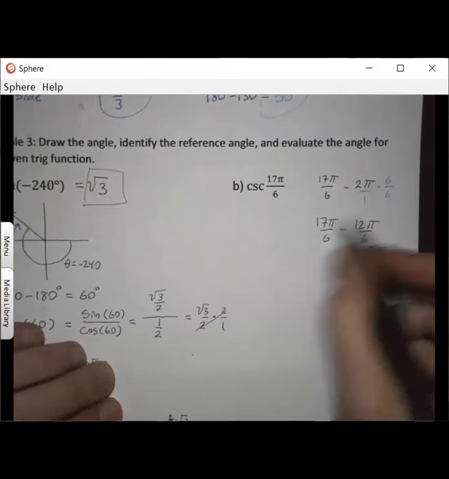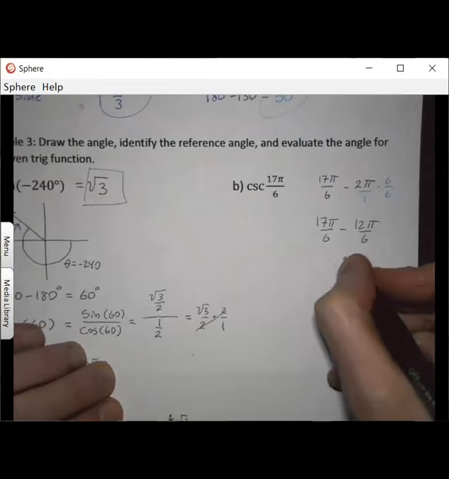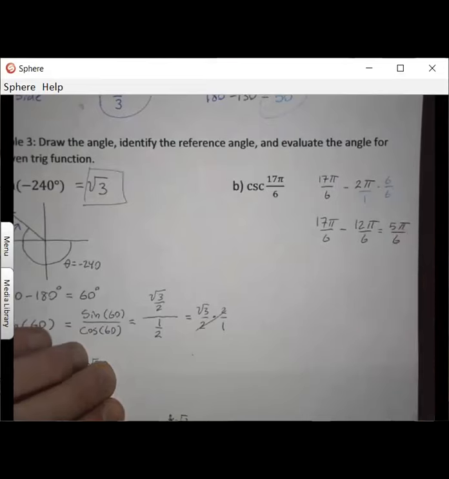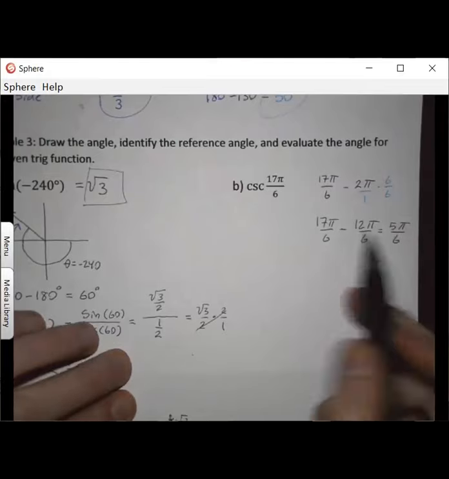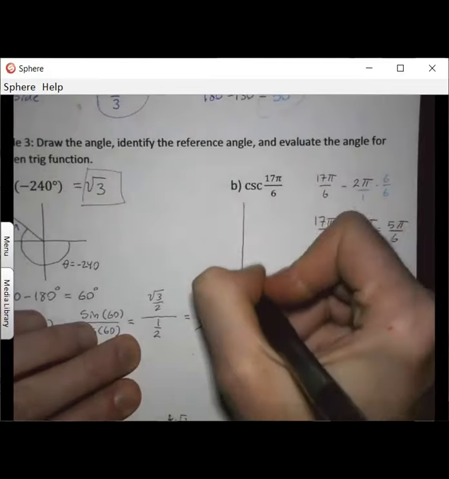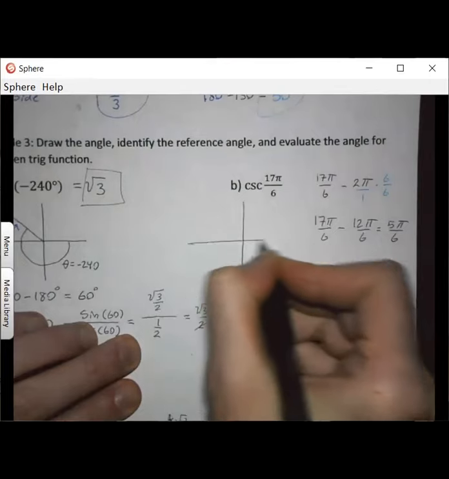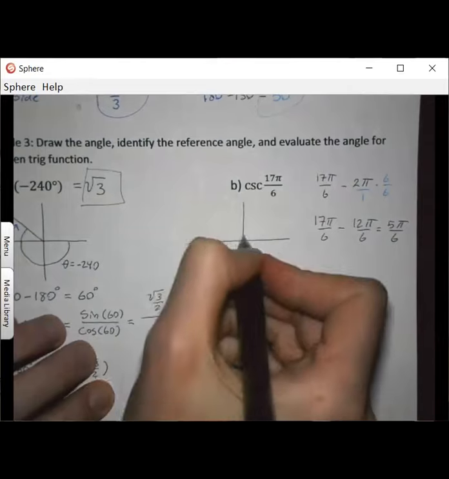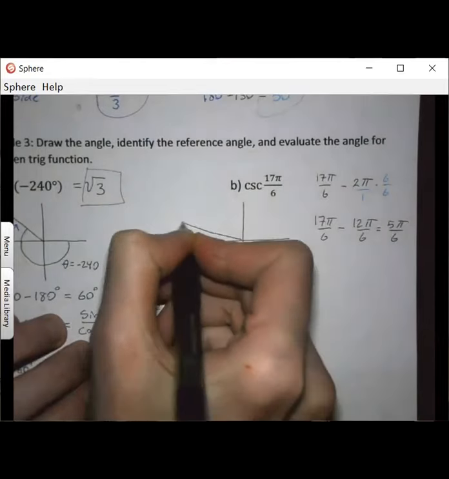That will get me to 5 pi over 6. All right, so that is on our unit circle. 5 pi over 6 is right here.